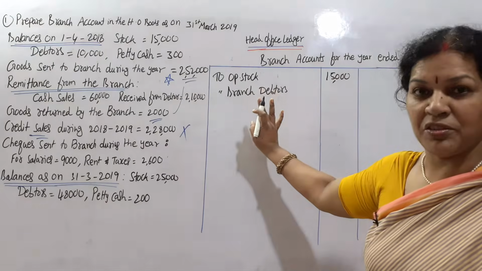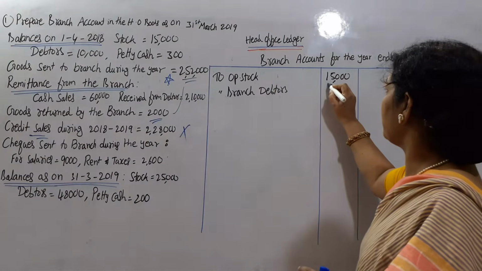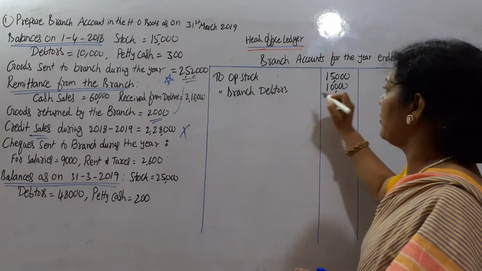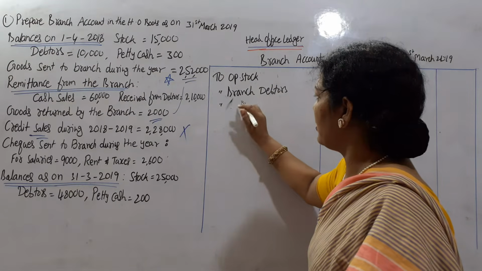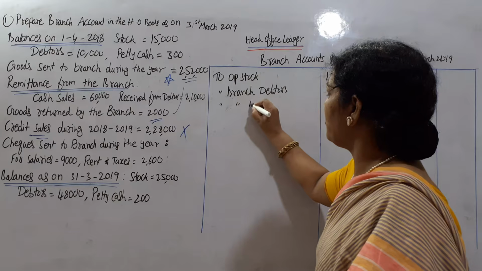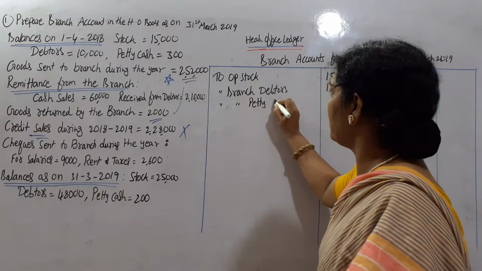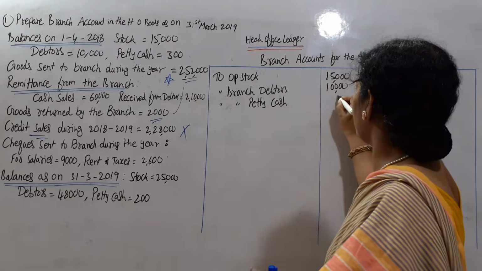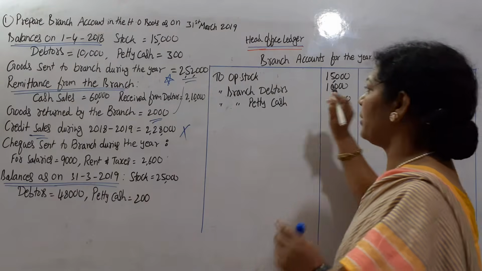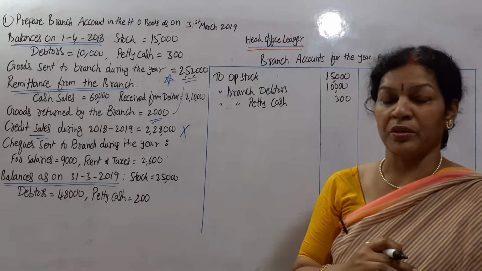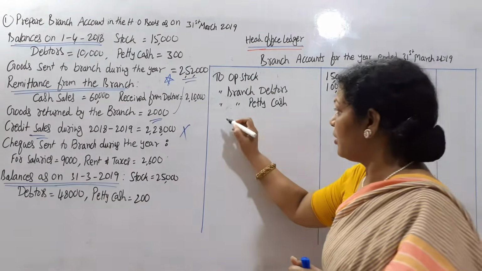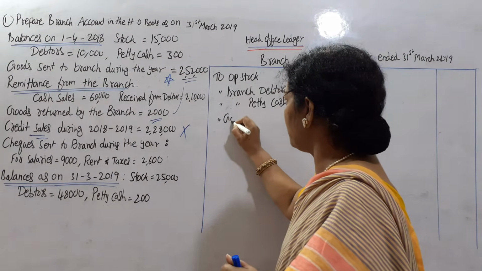All opening balances of assets will be written on the debit side. Next, petty cash, I'll write it ditto, branch petty cash, 300. Opening balances are over. Next transaction, goods sent to the branch during the year. Goods sent to the branch always go on the debit side. So I'll say goods sent to the branch.